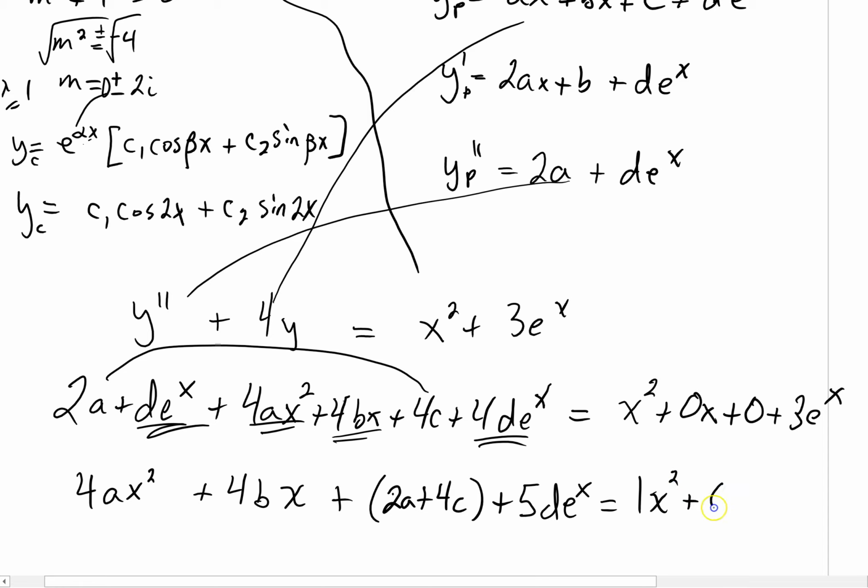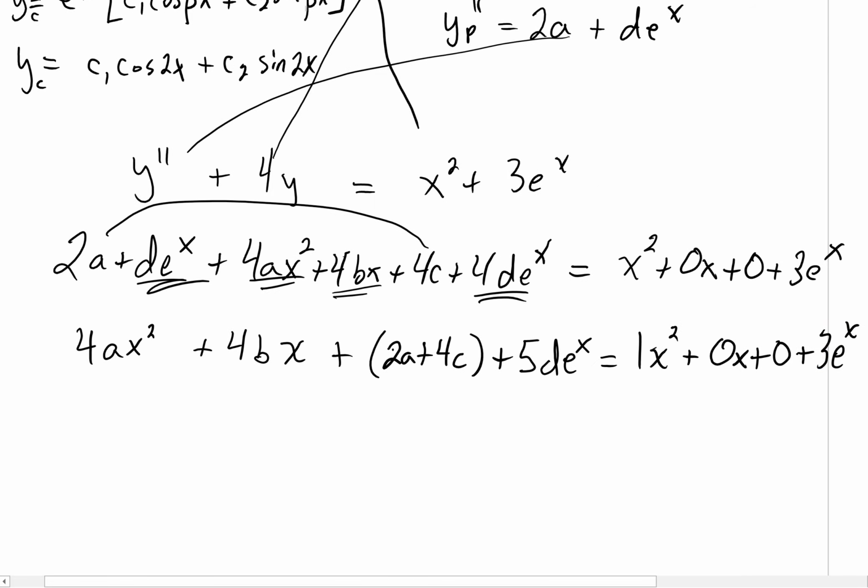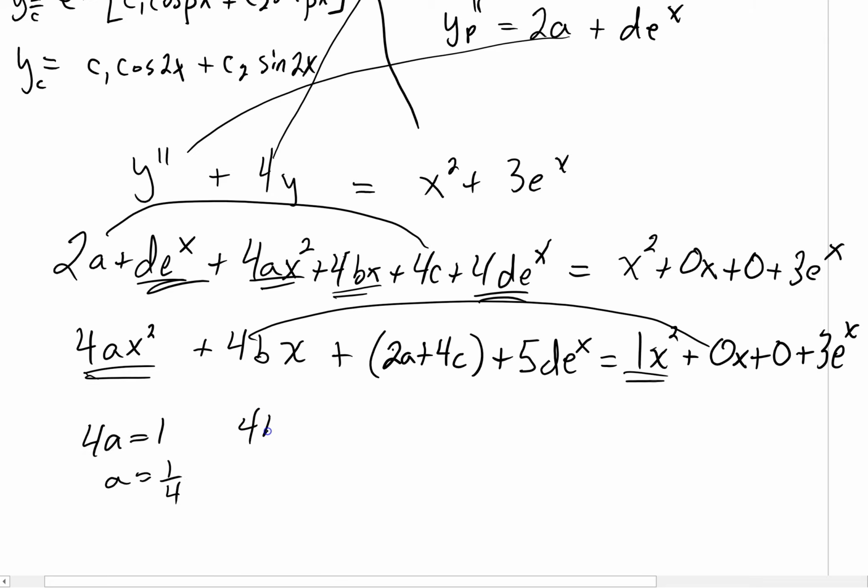So right now we can do some coefficient analysis and really put some things into play. We can say, well, look, what's in front of your x squared? Well, 1. That means 4a must equal 1, and more to the point, a must equal 1/4. You're going to notice that 4b will have to equal 0, meaning b itself will be 0. 2a plus 4c will also equal 0.